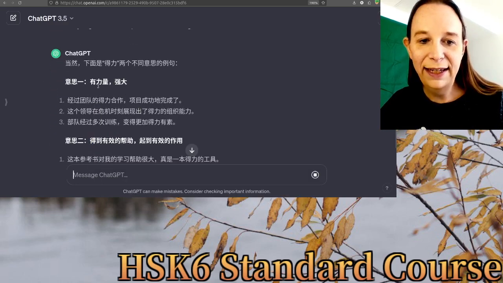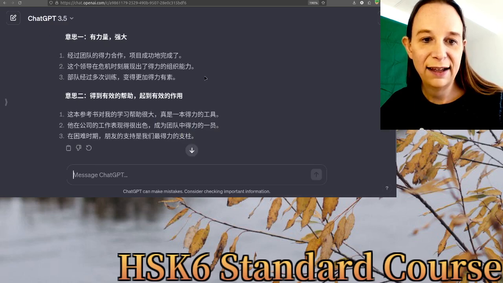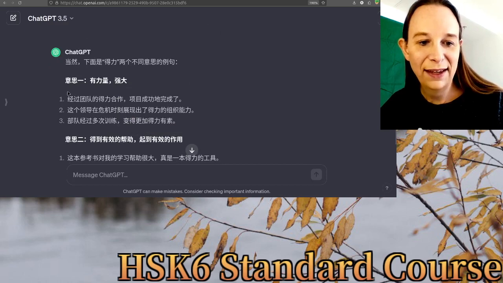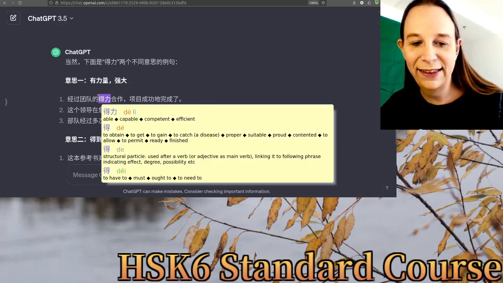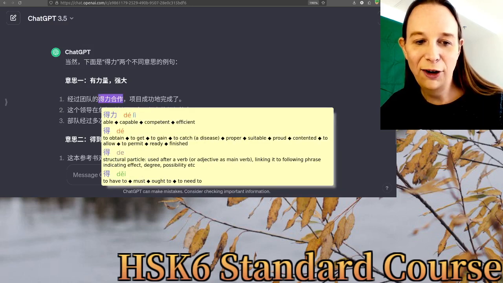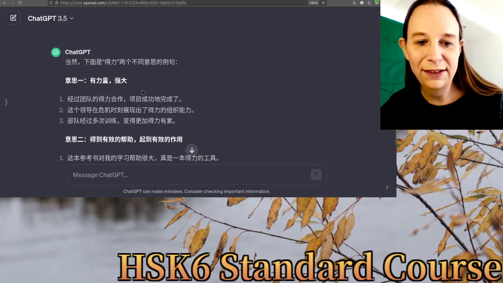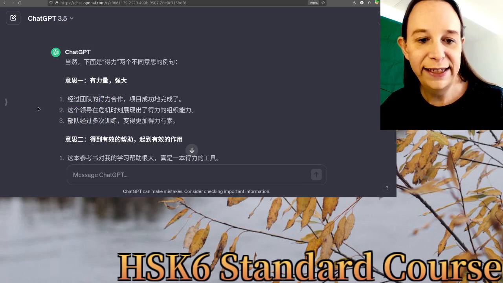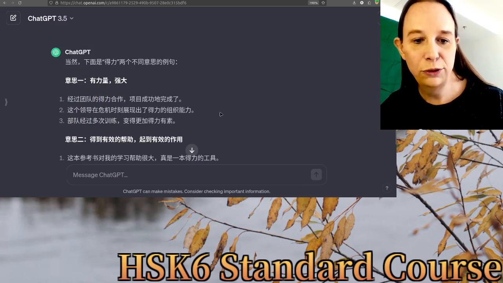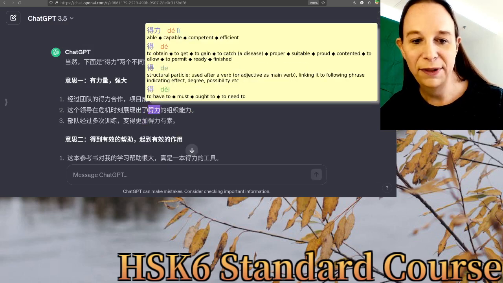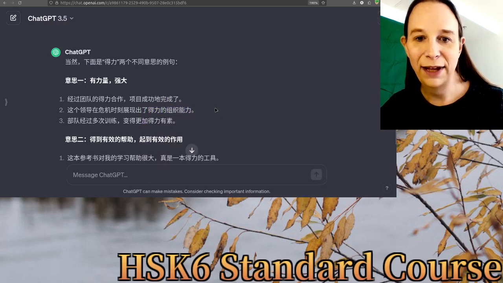Okay, 有力量强大. Not good with 5, is it? Okay, 经历团队的得力合作. Okay, so this is like competent, efficient as well. 得力合作, competent collaboration. 项目成功的完成. 这个领导在危机时刻展现出了得力的组织能力, like competent organizational capabilities.